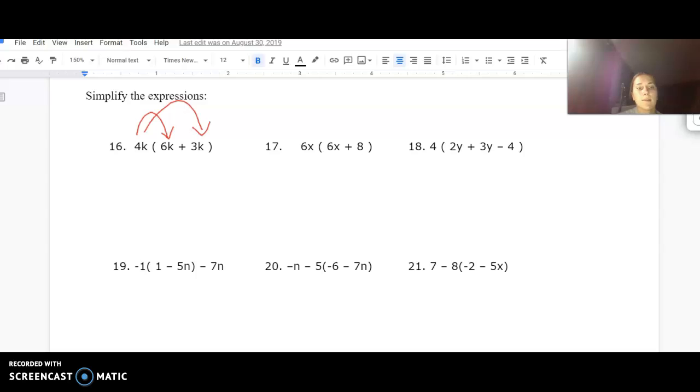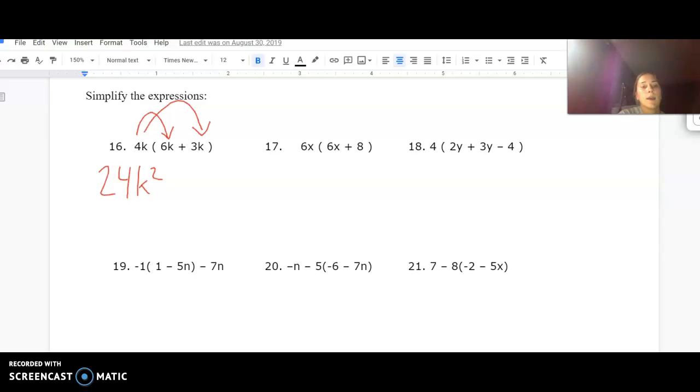So 4k times 6k gives us 24k squared. We have two k's, so that's why we need to now make that squared. We're adding those exponents together because they're being multiplied.